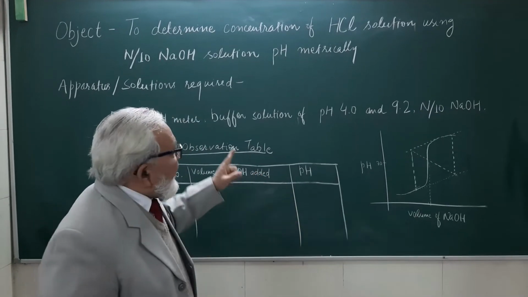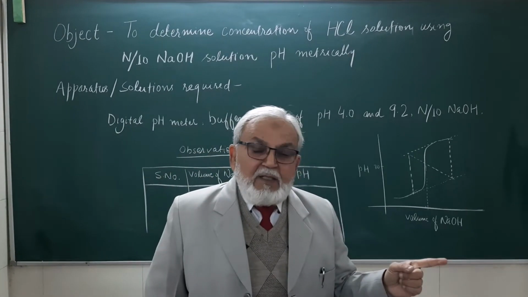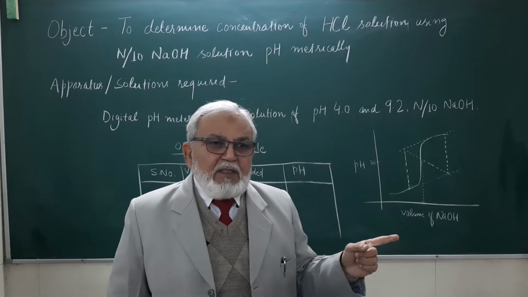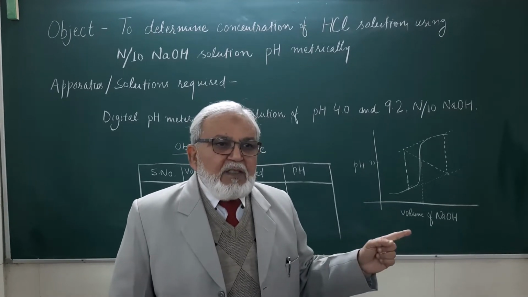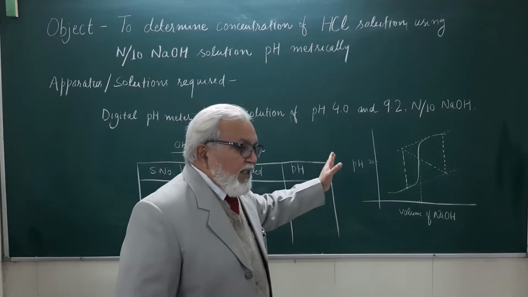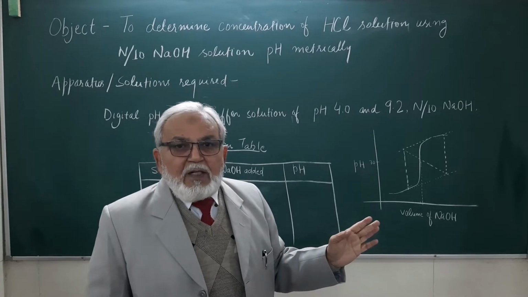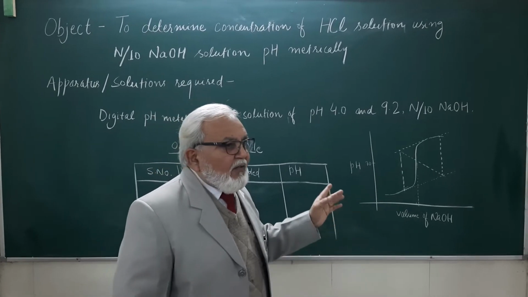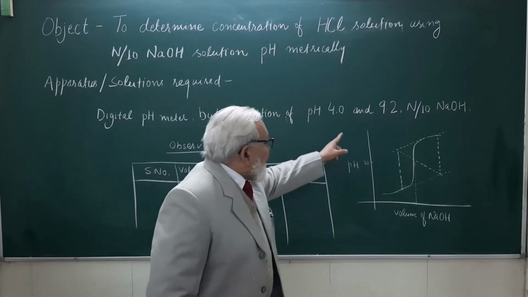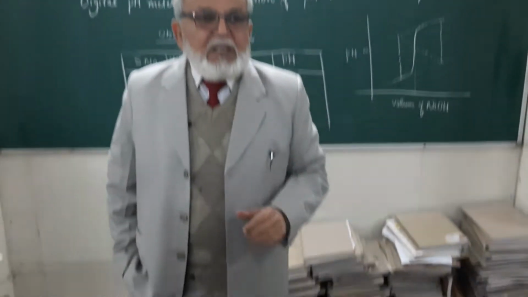So in this experiment we will be finding the equivalence point without using indicator. The end of the reaction will be marked by the neutralization of the solution, by observing the pH of the solution on this pH meter.